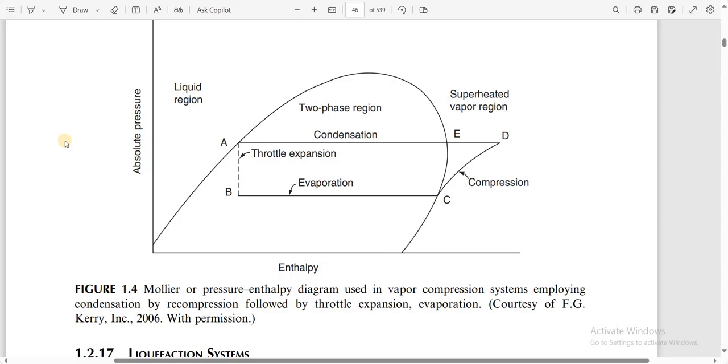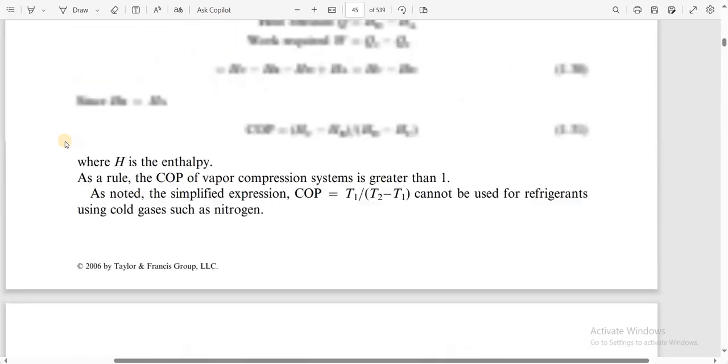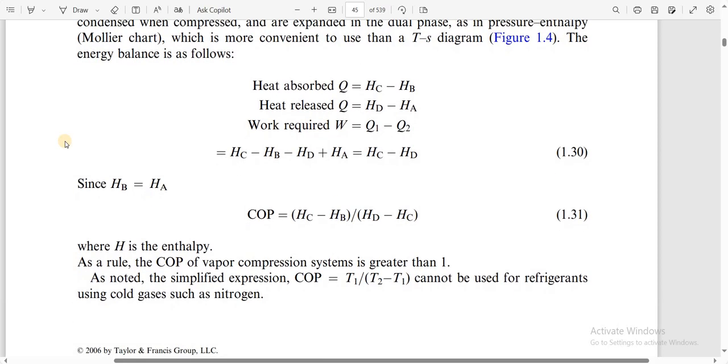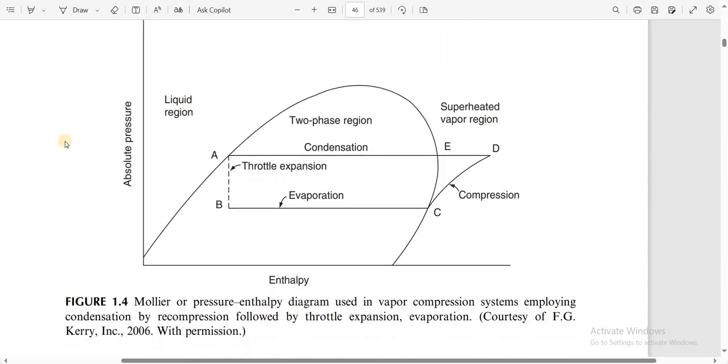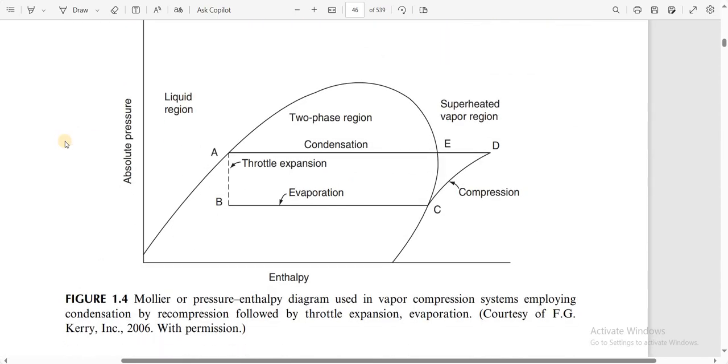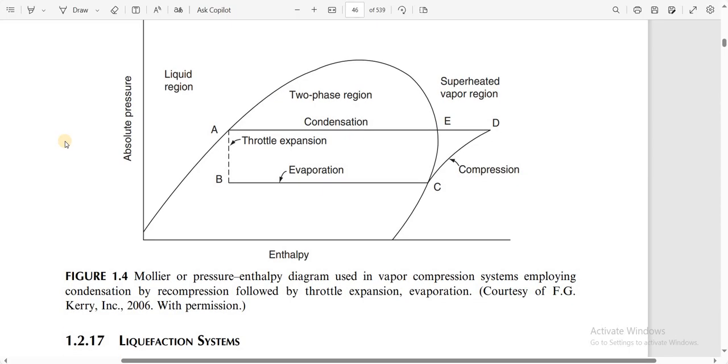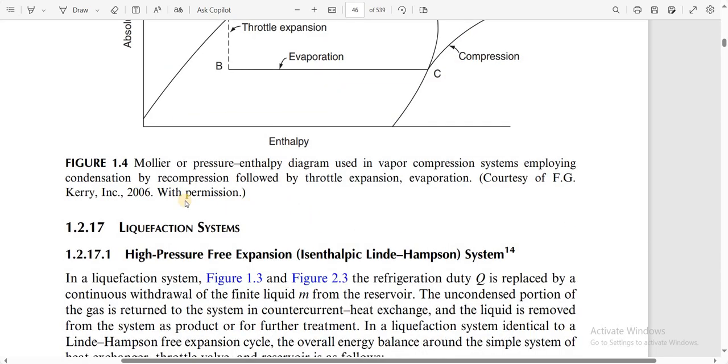Enthalpy A, B, C, D. So these are the values. Liquid region, superheated region, compressor, two-phase region. So vapor region, liquid region. So this is the way of expansion.